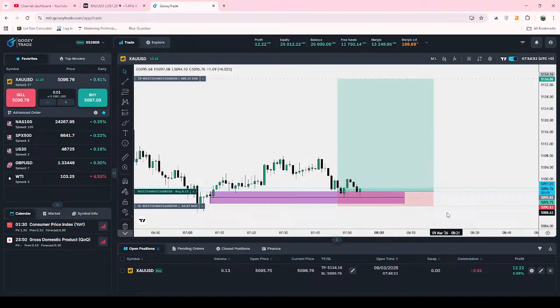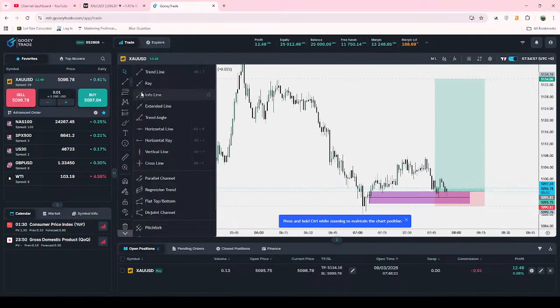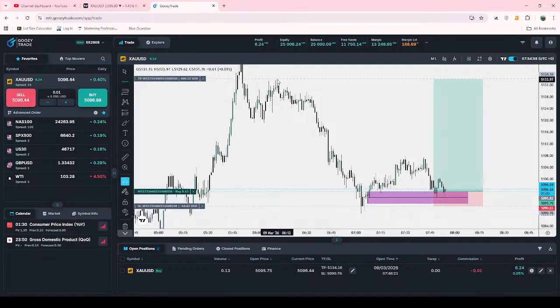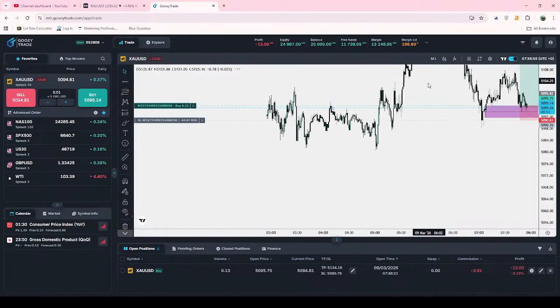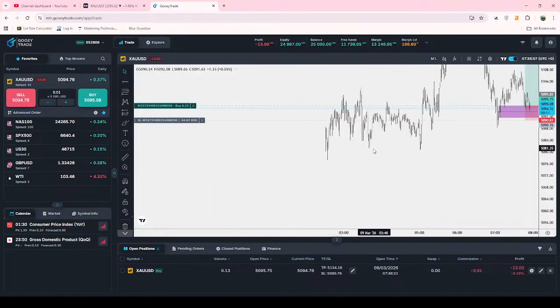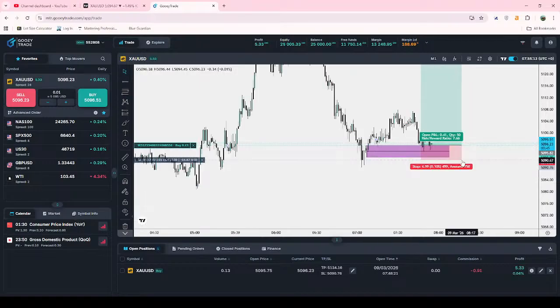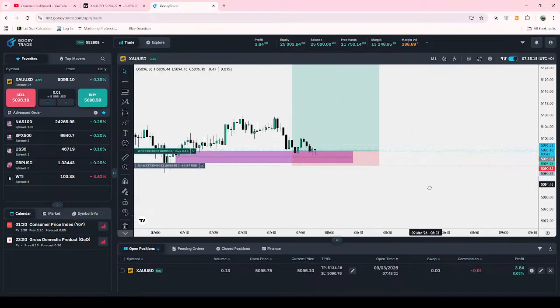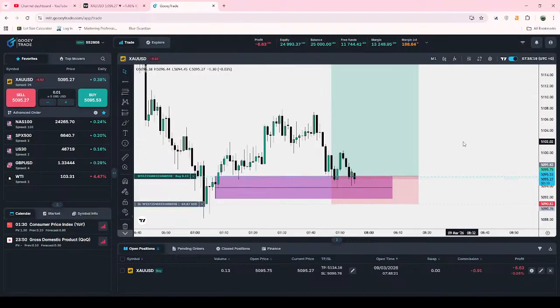Let's see if we have any liquidity above. Yeah, we have a target liquidity. The major liquidity is here. That's our target. And on the sell side, this liquidity has been taken out. We have a lot of liquidity below too, but we are aiming for upside liquidity because of the Dixie correlation.